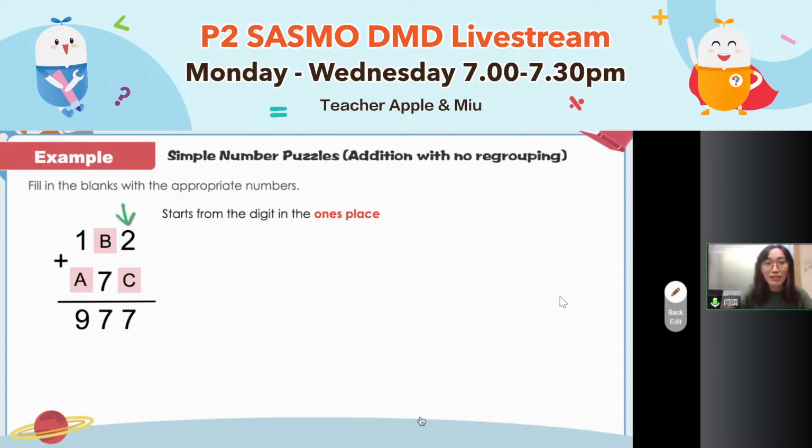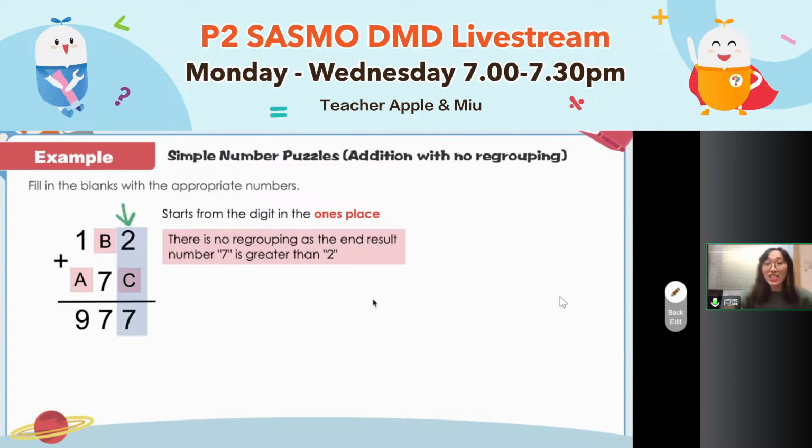Could you please tell me what the value of C is? C equals... yes, good job. C equals 5, right? There is no regrouping as the end result 7 is greater than 2. So 2 plus 5 equals 7. So here we get that the last digit should be 5.